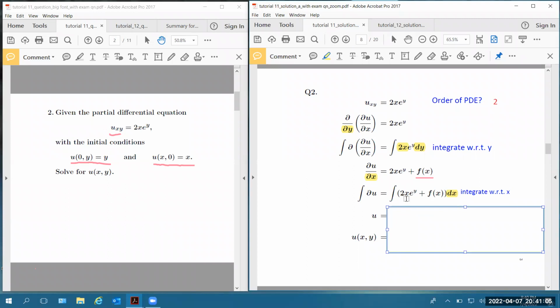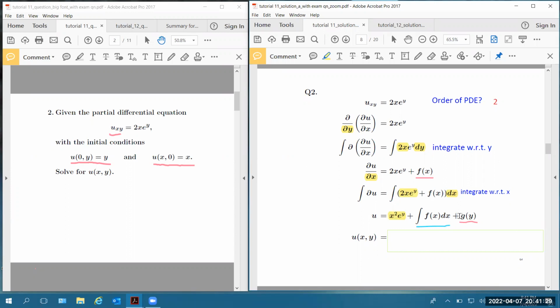So here you just integrate your 2x. You all know how to integrate 2x, right? The x will give us x squared over 2. So this term integrated will give us this thing. Then your second term, f(x) dx integrate, that is this term.